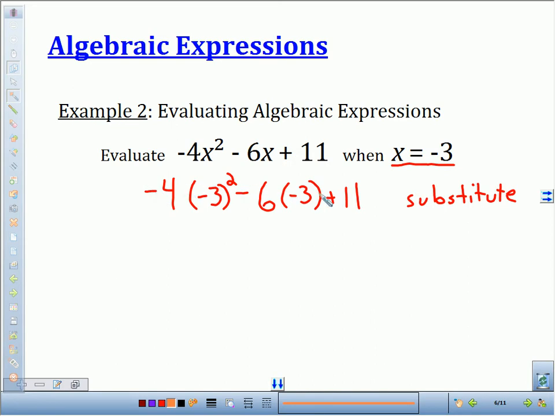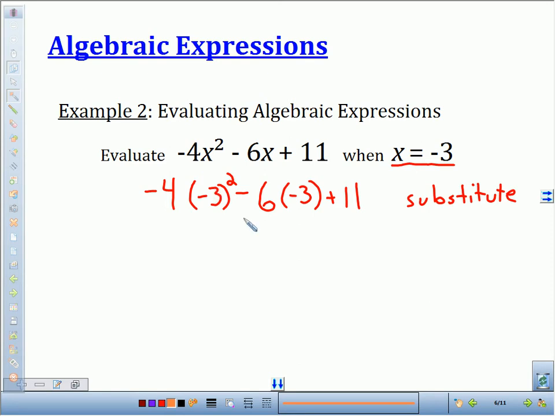Here, I want to start with PEMDAS. Now, these -3's are in parentheses, but since there's no operations being done inside the parentheses, I'm not worried about getting rid of them. I only want to worry about parentheses if there's some sort of operation being done inside them.